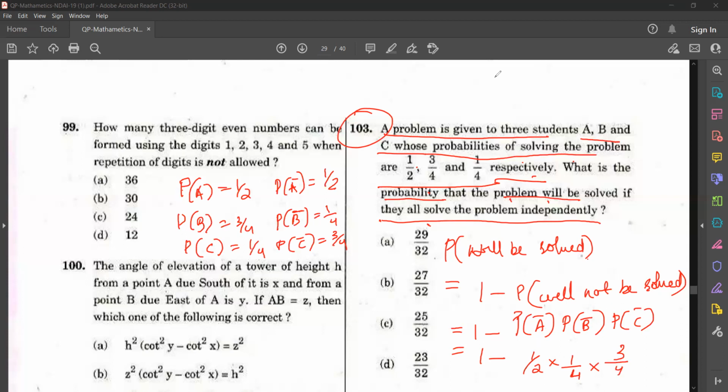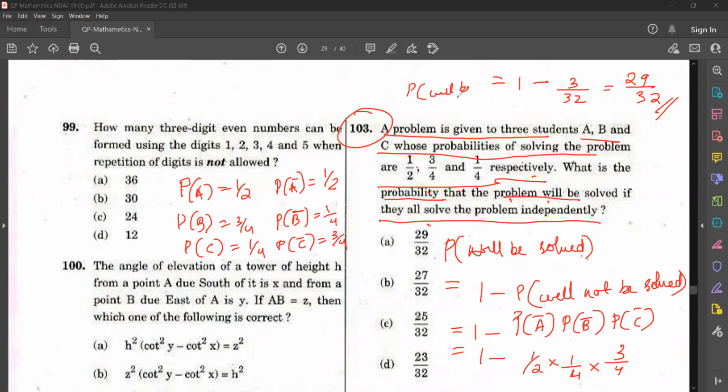That is 1 minus 3 by 32, so 29 by 32. That is the probability that the problem will be solved.